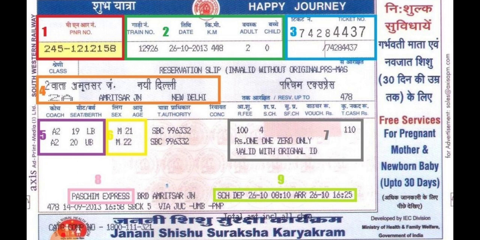I'll be including some questions in the assignment column where you have to write all the details of this train ticket. So children, you either have to take a printout of this ticket and paste it in the notebook and write, or you have to draw this train ticket in your notebook. Then you have to answer the questions that will be posted in the assignment column.